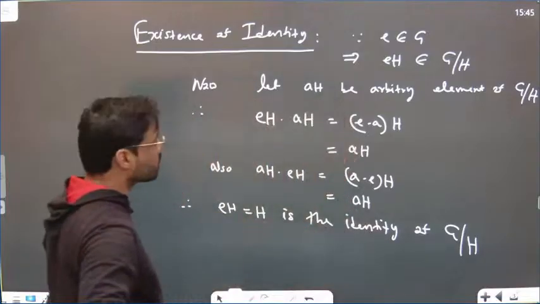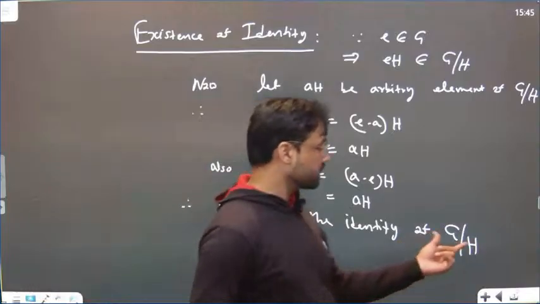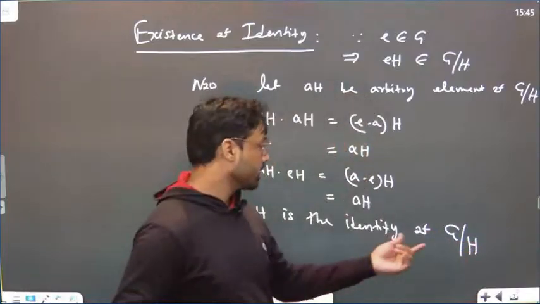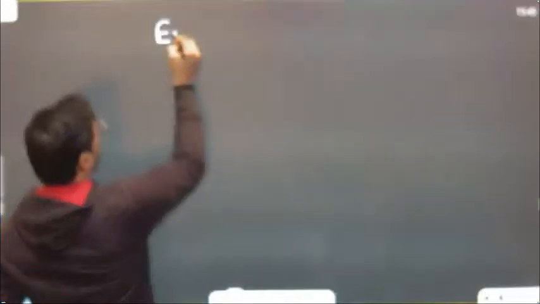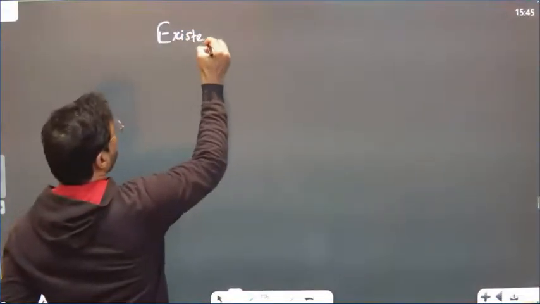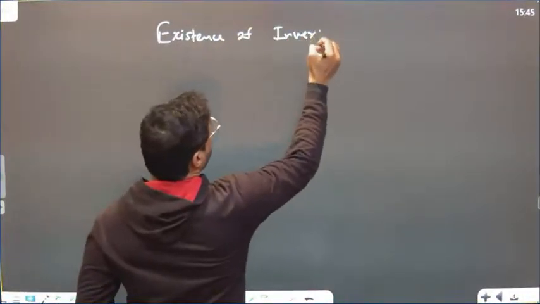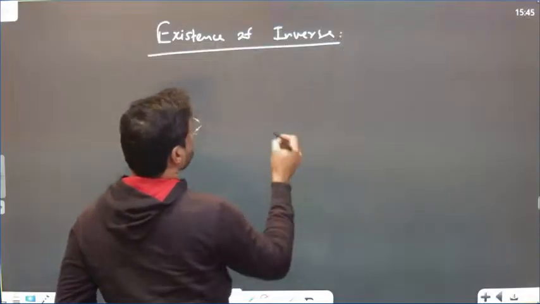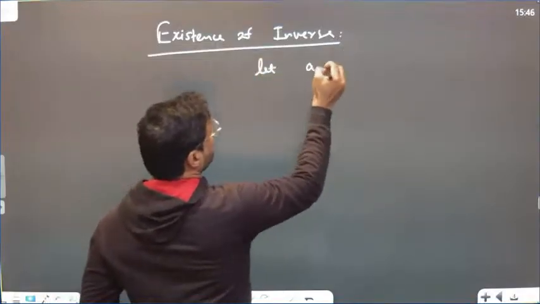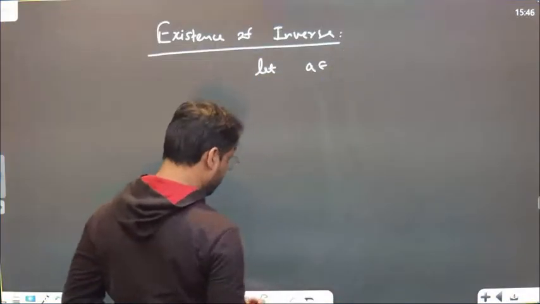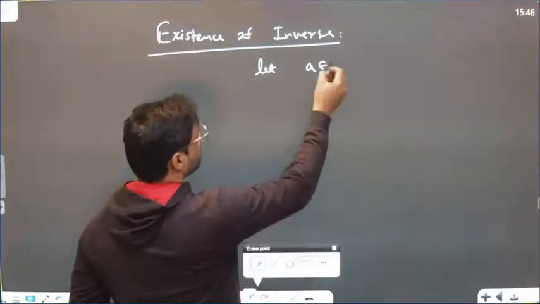And the last one, we have to show that every element of this set has an inverse element in the given set. So the last one, existence of inverse element.